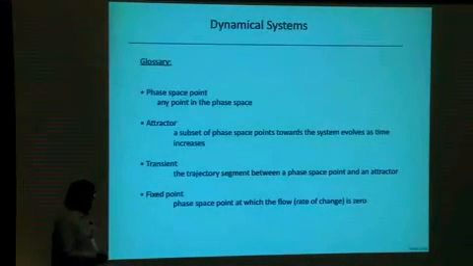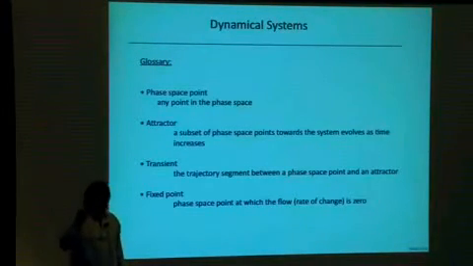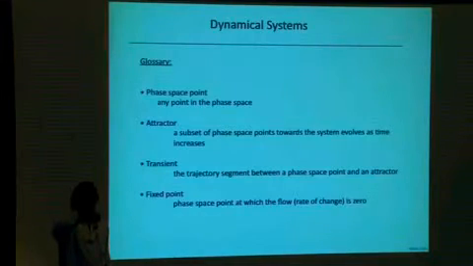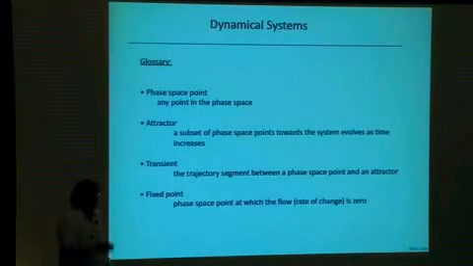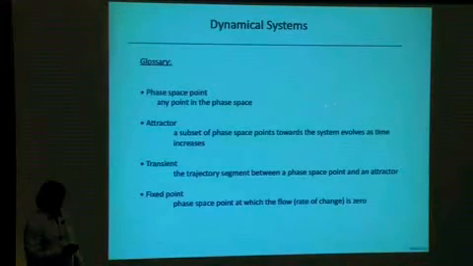And a fixed point is a point in the phase space where, once you're on top of it, you're not moving anymore at all. So the rate of change there is 0. You will find a glossary at the end of your handout, on pages 3-4, with definitions of individual terms.